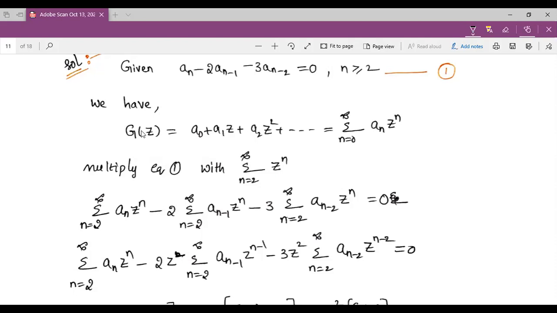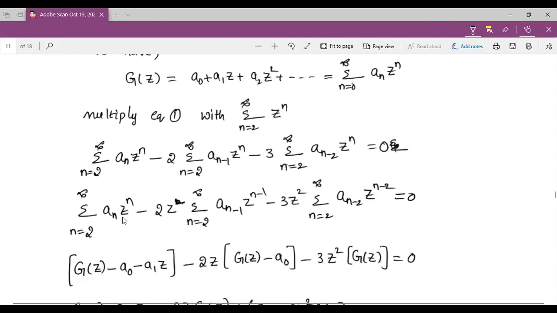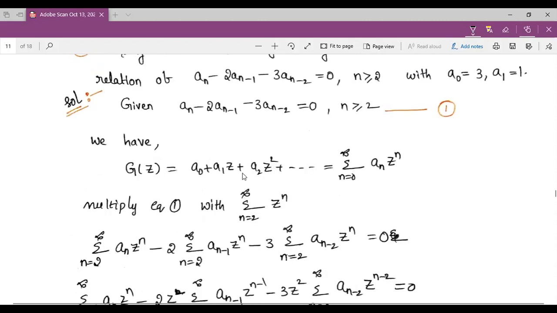Now we apply the generating function. Summation n equals 2 to infinity means the sequence starts with a2 z squared and so on. So the remaining sequence will be g of z minus a0 minus a1 z.